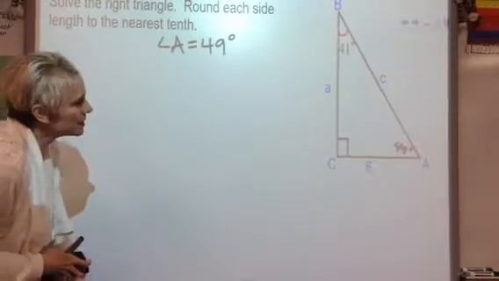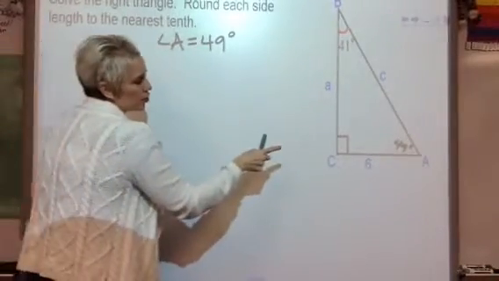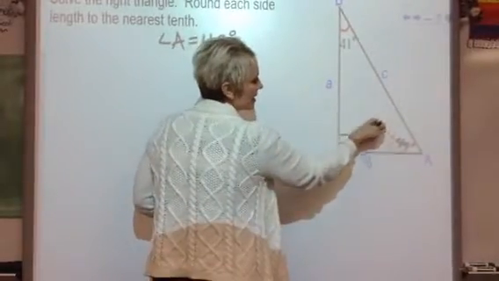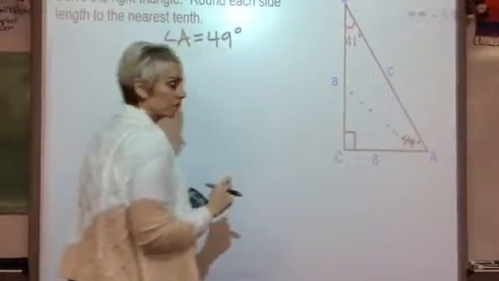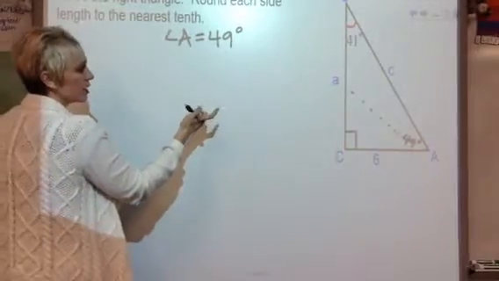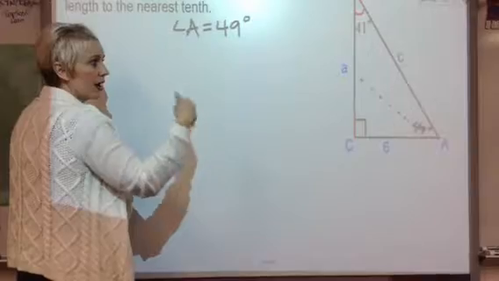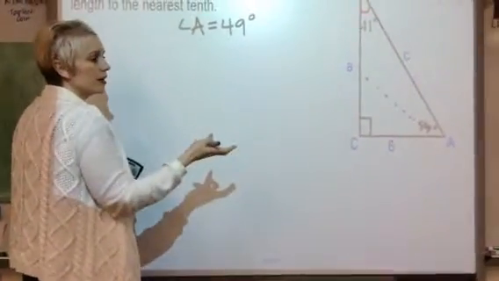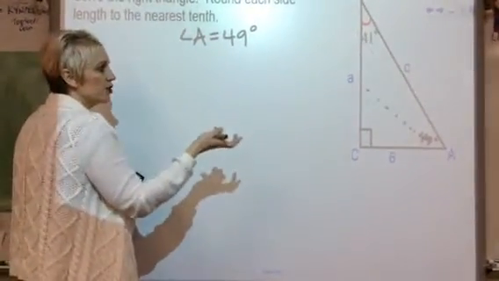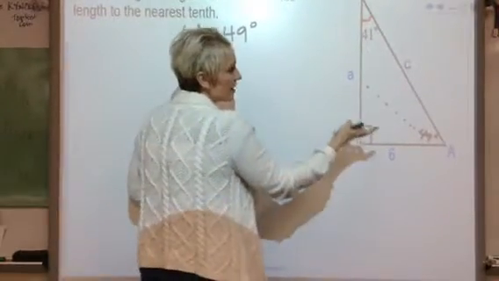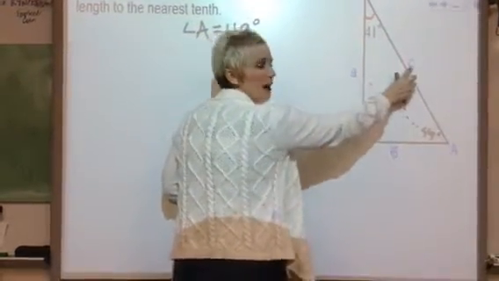Now to find my missing sides, I want to find the side opposite of A. I can use sine, which is opposite over hypotenuse, or I can use tangent, which is opposite over adjacent. If I use sine, I don't know my hypotenuse.